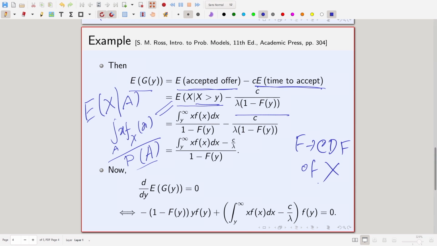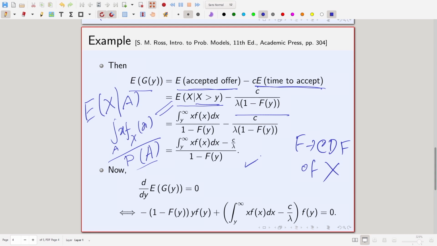So, you get this. Now, if you write it in a compact form, you get this. That gives you the expected net return when you follow a policy that you accept the first offer of size greater than y.